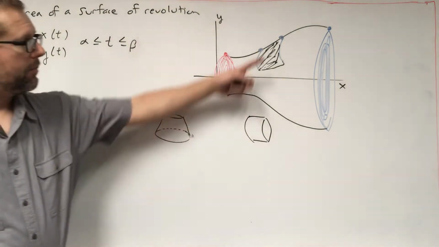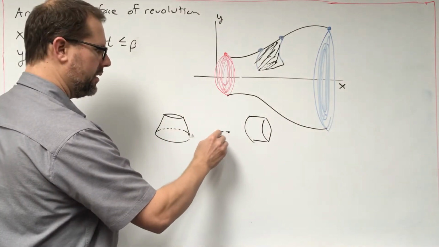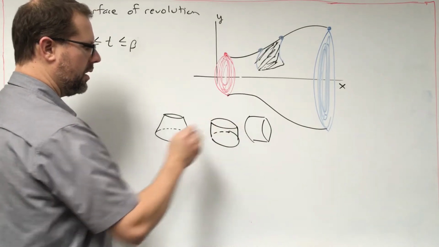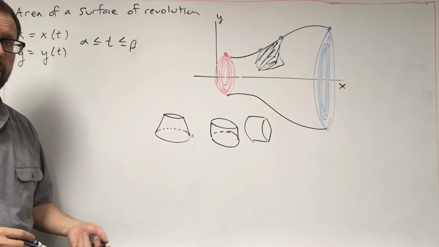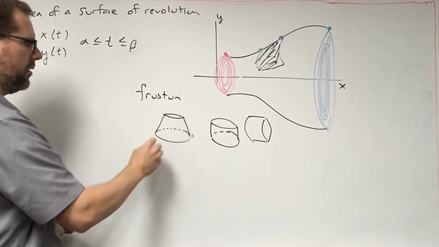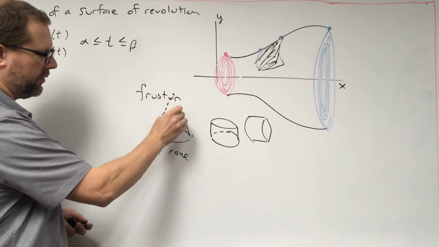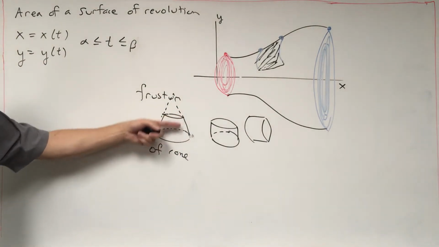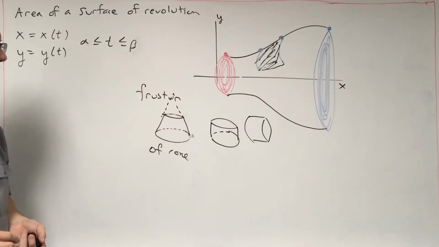However, it might be at an angle, in which case, instead of the cylinder shape, what you're actually getting is part of a cone. It's actually called the frustum of a cone, a funny word. But basically it means that the top of that cone is cut off, and we're actually just focused on the bottom. So it's got two parallel sides. In our case, they're going to be circles, circular sides.